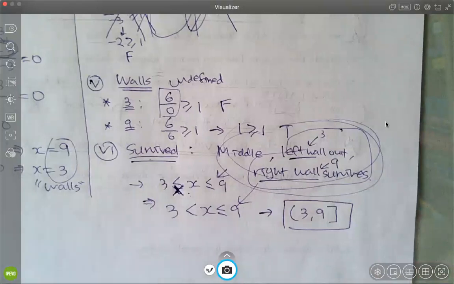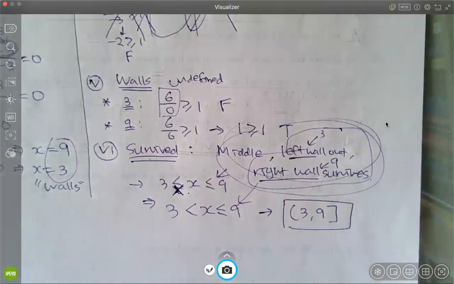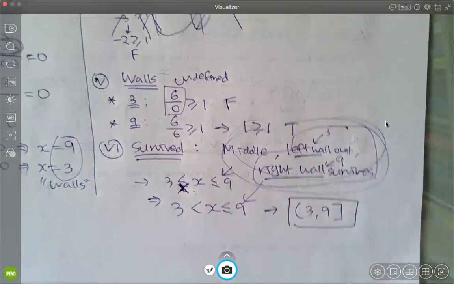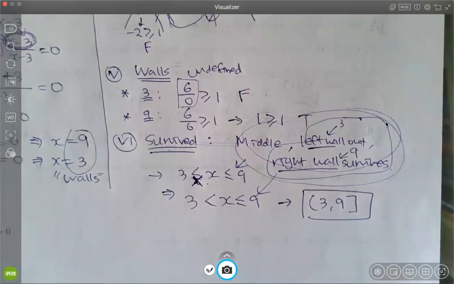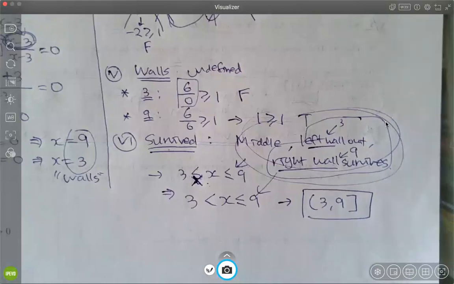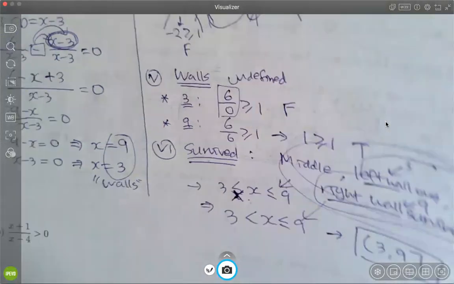And if you get a false statement, you should never include that boundary value for your answer, okay? So here, it's parentheses 3 comma 9 bracket. The right wall is in, left wall is out. So that's a tad trickier than the quadratic inequality.